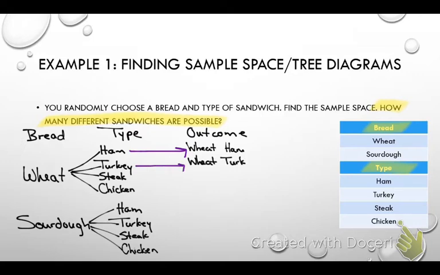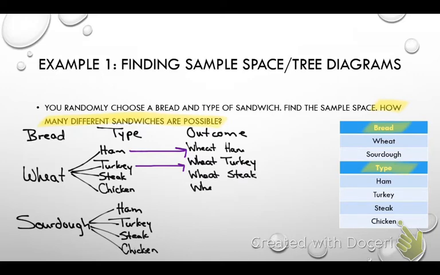Wheat turkey. Okay, so go ahead and write down all of your options. Right now your homework assignment does ask you to make a tree diagram in one of the directions, so that's where this would come into play, to set up your tree diagram. Go ahead and finish writing down your tree diagram and all of your possible outcomes.